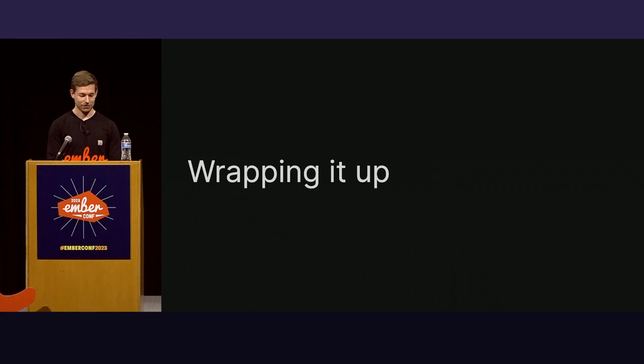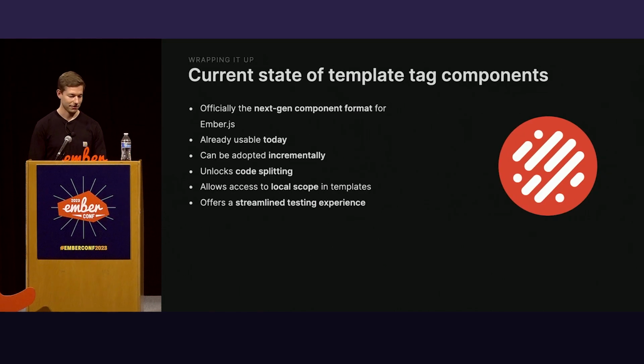All right, let's wrap it up. So the state of template tag components today: it's officially the next generation component format in Ember. It's already usable today. You can adopt it incrementally, so using old components in the new file format, but also new components in old formats.